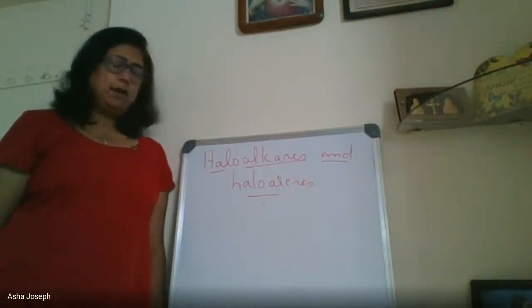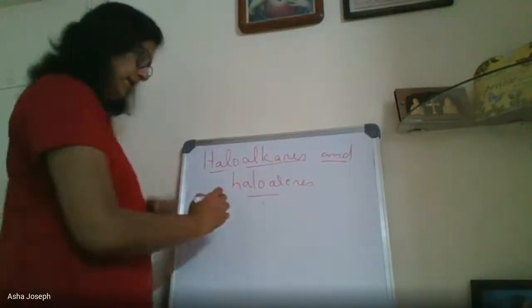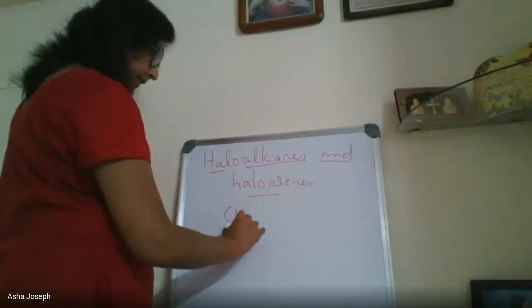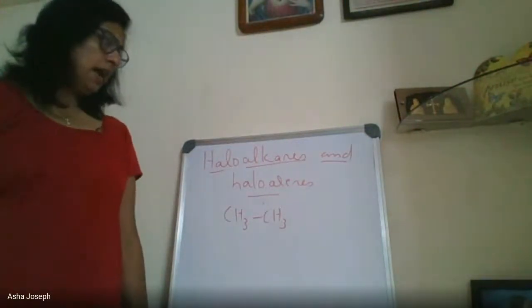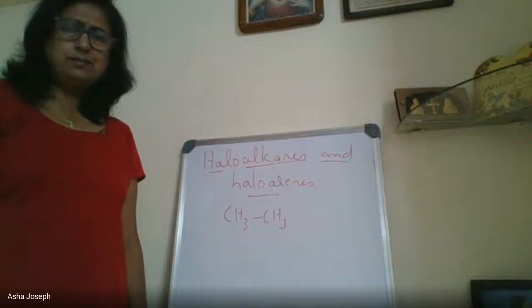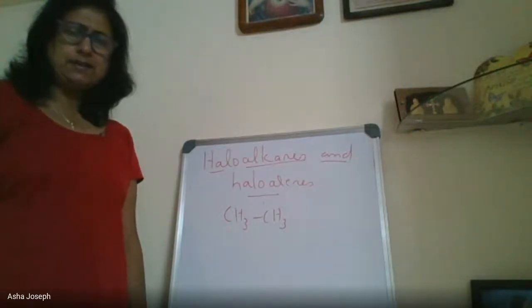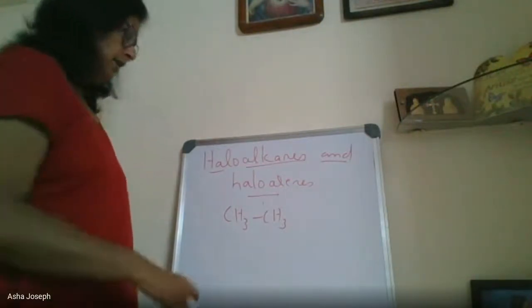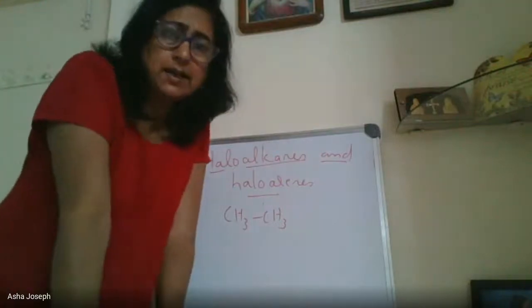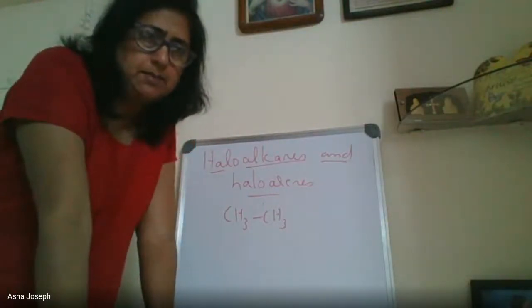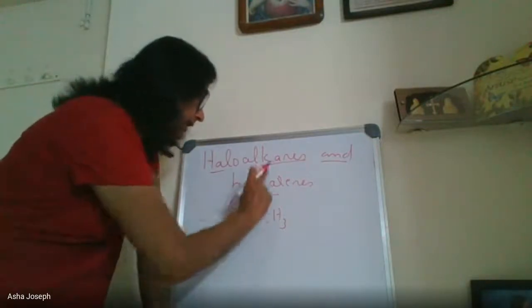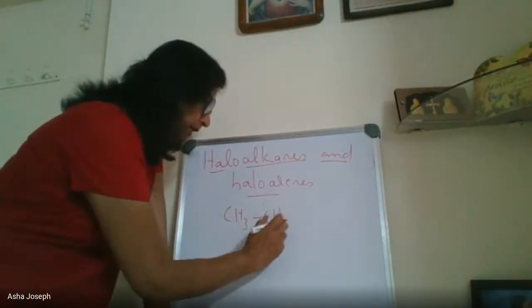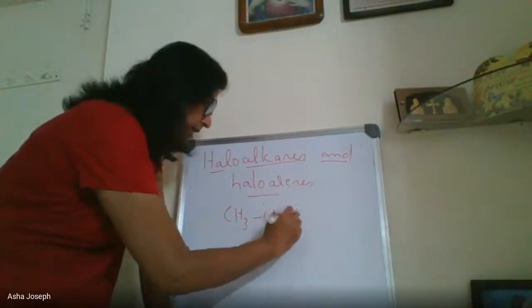So here, out of that, we will take the alkane, ethane. And arenes are benzene compounds, aromatic hydrocarbons like benzene, toluene. So haloalkane means one hydrogen is replaced by a halogen.